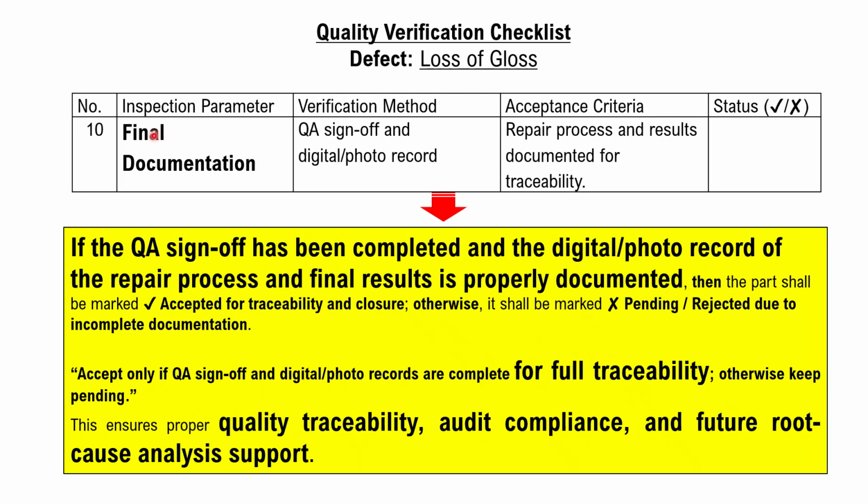The final requirement is final documentation. The check is whether the quality assurance department signs off and a digital photo record is maintained.